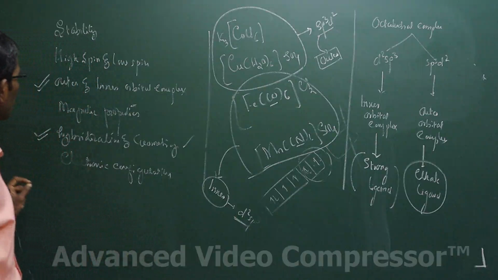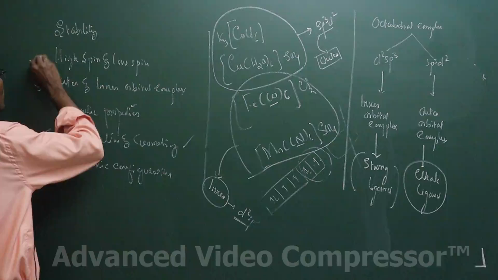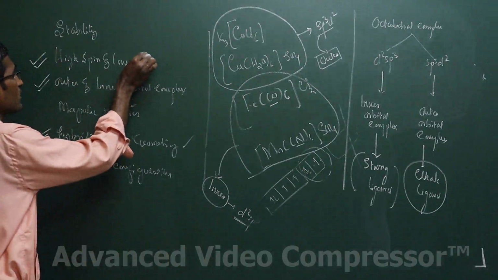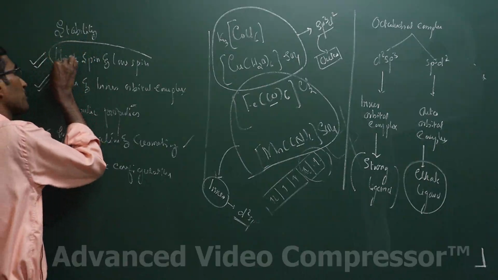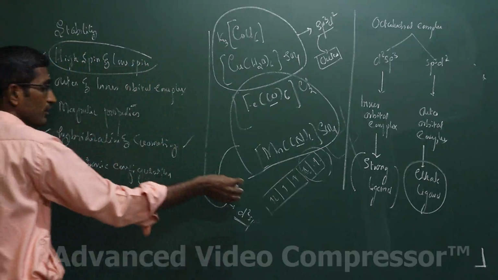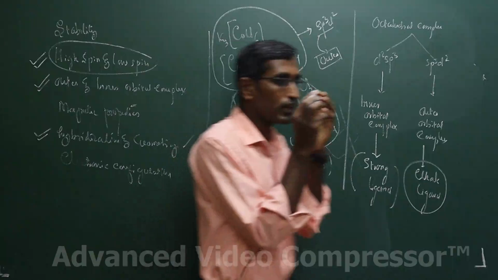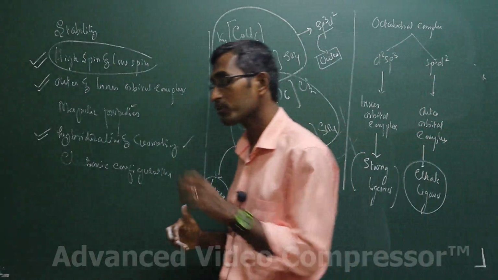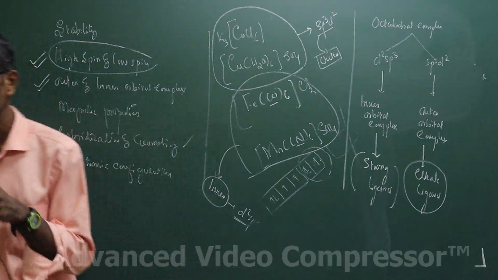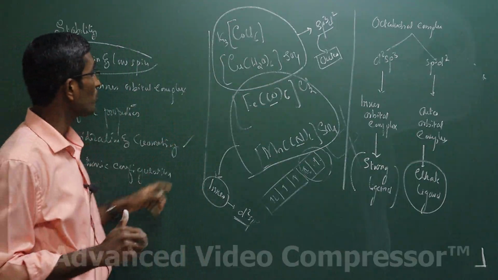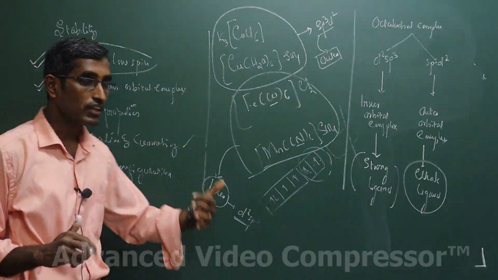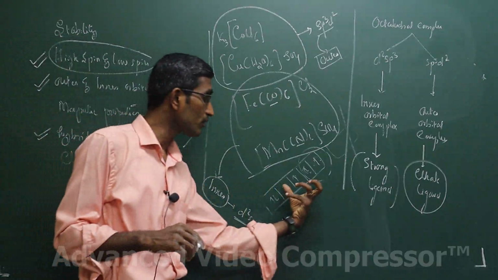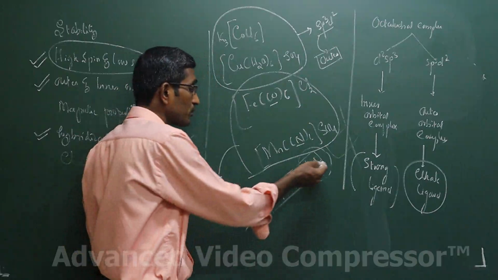Let us now move on to the next aspect, high spin and low spin complexes. In general, as we already said, the electrons present in the inner d orbital will be paired, students, when there is involvement of a strong ligand. When there is involvement of a weak ligand, the electrons present in the inner d orbital will not be paired.